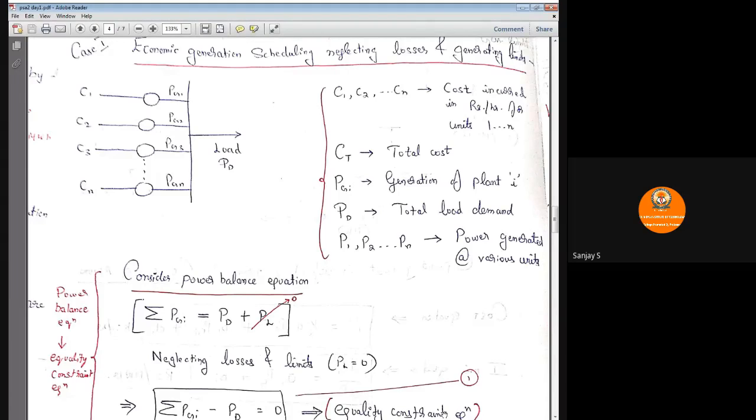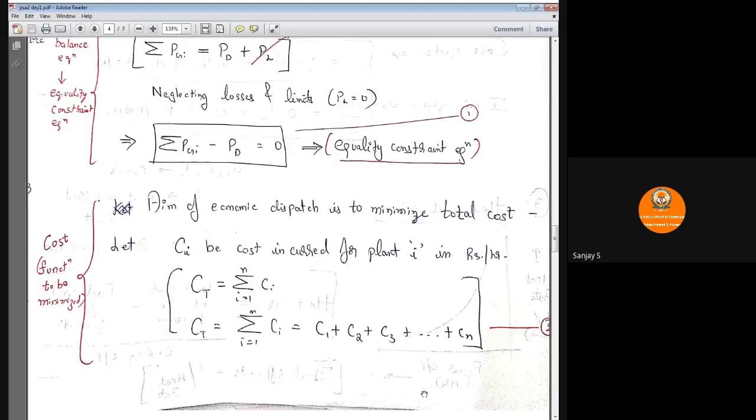So it is written as summation PGi is equal to PD plus PL. PD is nothing but power being drawn by the consumer. PL is losses. Since this particular derivation is an idealized case, we consider that the losses are 0, so PL will be 0. So you are left with summation PGi is equal to PD.